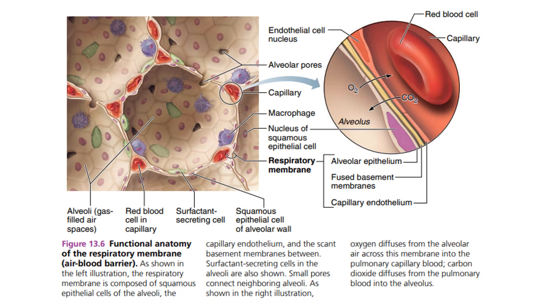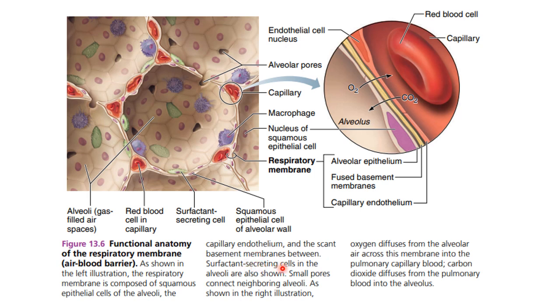So this is how it looks like. As shown in the left, the respiratory membrane is composed of squamous epithelial cells of the alveoli or pneumocytes, the capillary endothelium, and the scant basement membrane in between. Because this basement membrane is very thin, gas exchange can occur between the blood and the air.